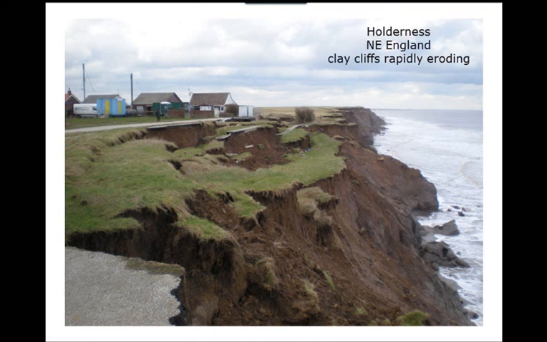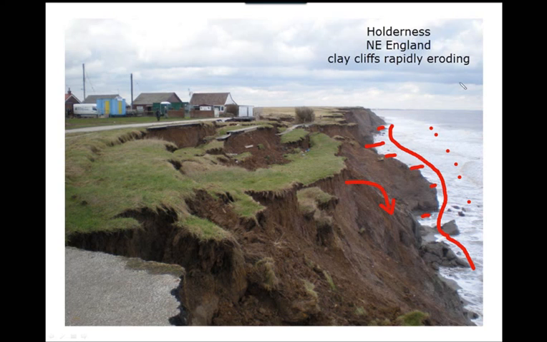More directly to do with landforms, cliffs and erosional landforms are likely to become more active as the sea rises and attacks the foot of cliffs more frequently and perhaps with more energy. So wave energy with deeper offshore gradients may attack the coast more readily, more frequently, causing more cliff collapse to occur in places like Holderness in the northeast.